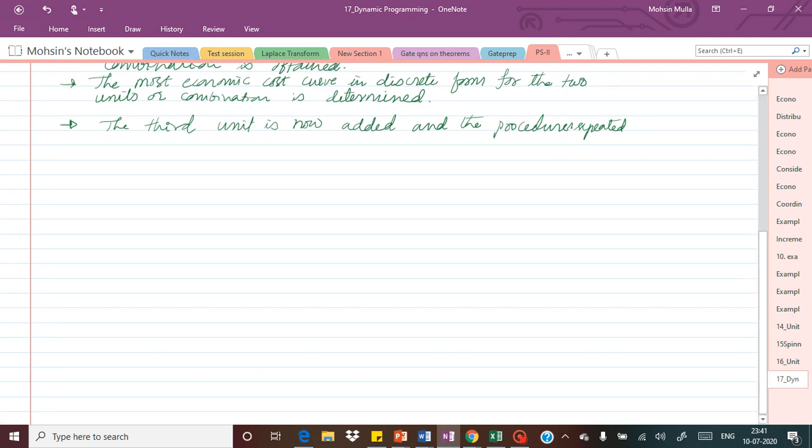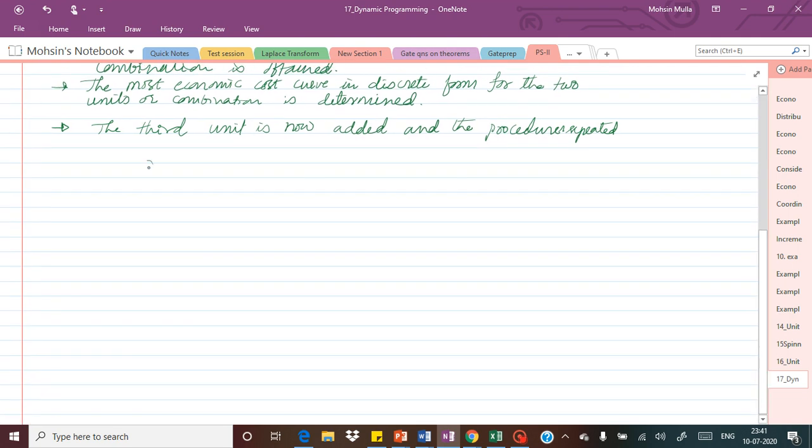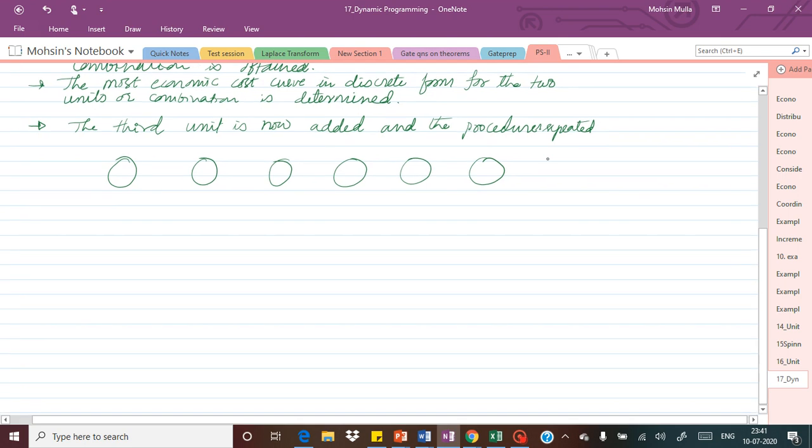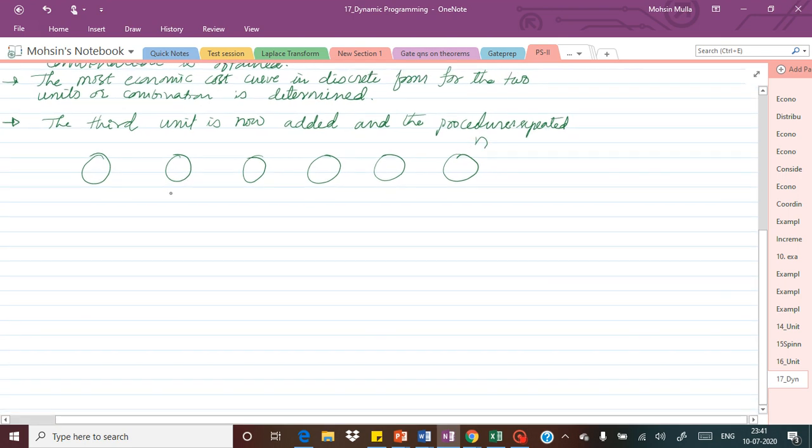Let me make this clear with the help of the number of units we are having here. Suppose these are the n units. Each has a particular characteristic. Now these two together are combined and one new characteristic is obtained.